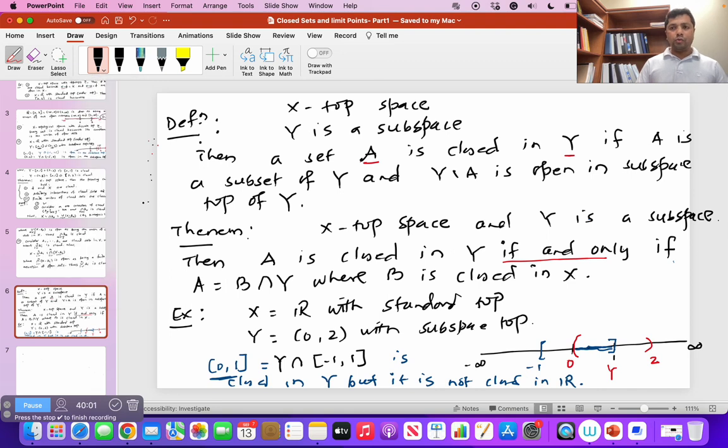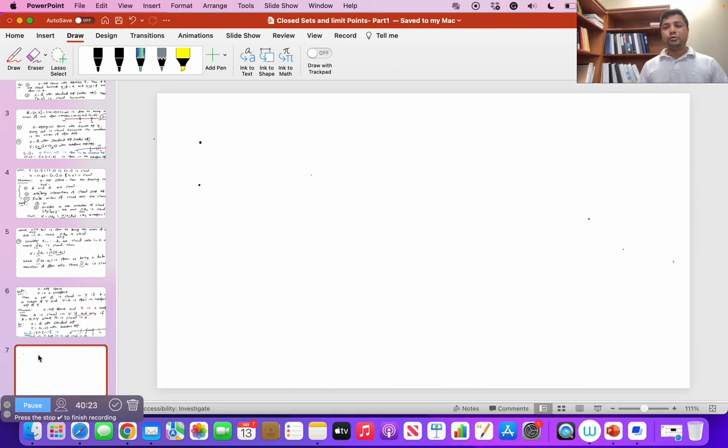So if you want a set which is closed in the subspace and also in the bigger topological space, then there is a criterion that the subspace should meet. Then we can say that a closed set in the subspace is also going to be closed in the topological space. So let me give you that criterion as a theorem.